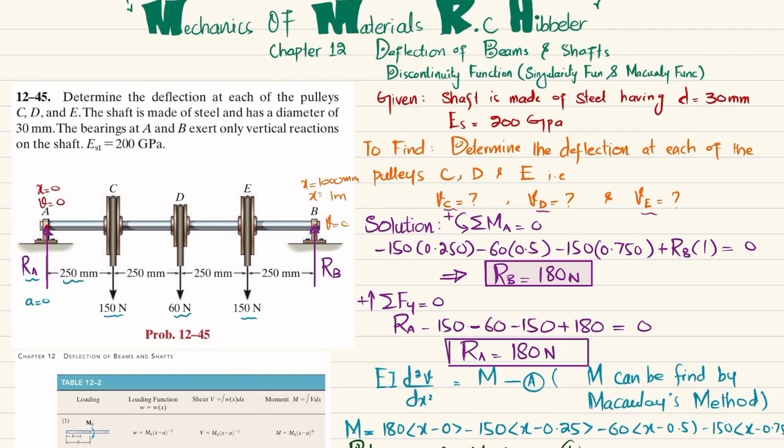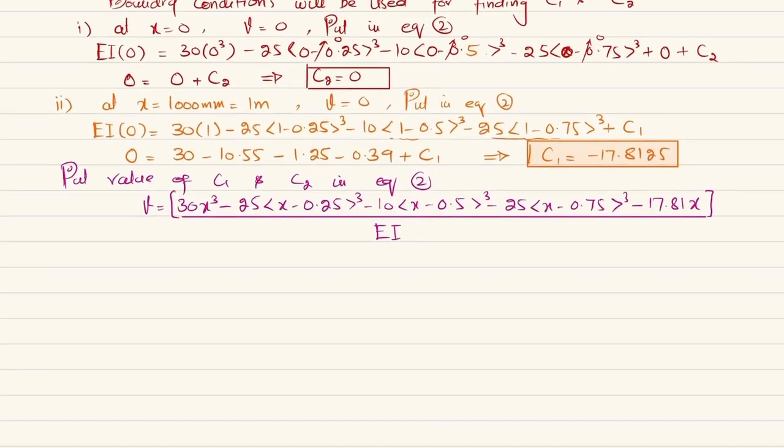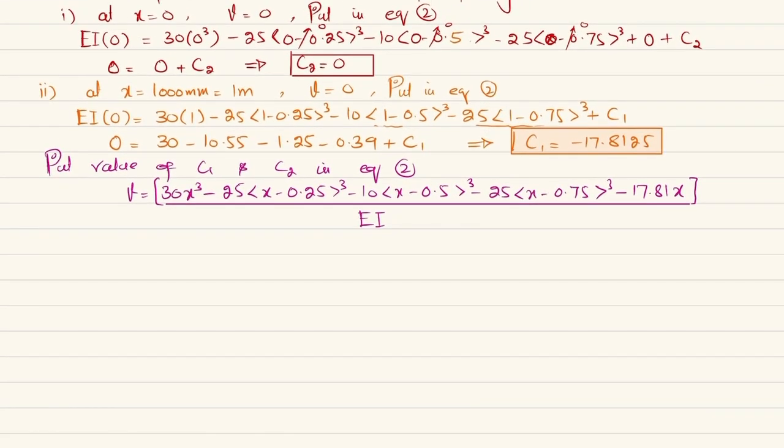So for VC we have X is equal to 0.25 meter. First we will find VC. So VC will be at X is equal to 0.25 meter.